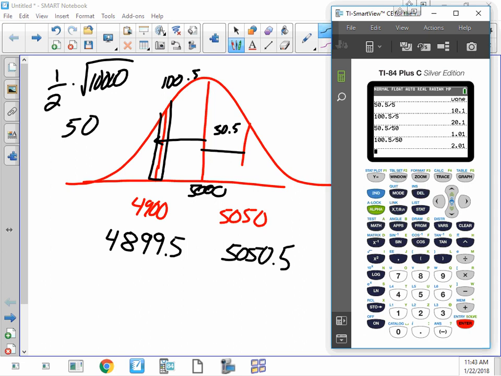So I need to find the shade norm between negative 2.01 and 1.01. Okay. So shade norm, negative 2.01 up to 1.01.